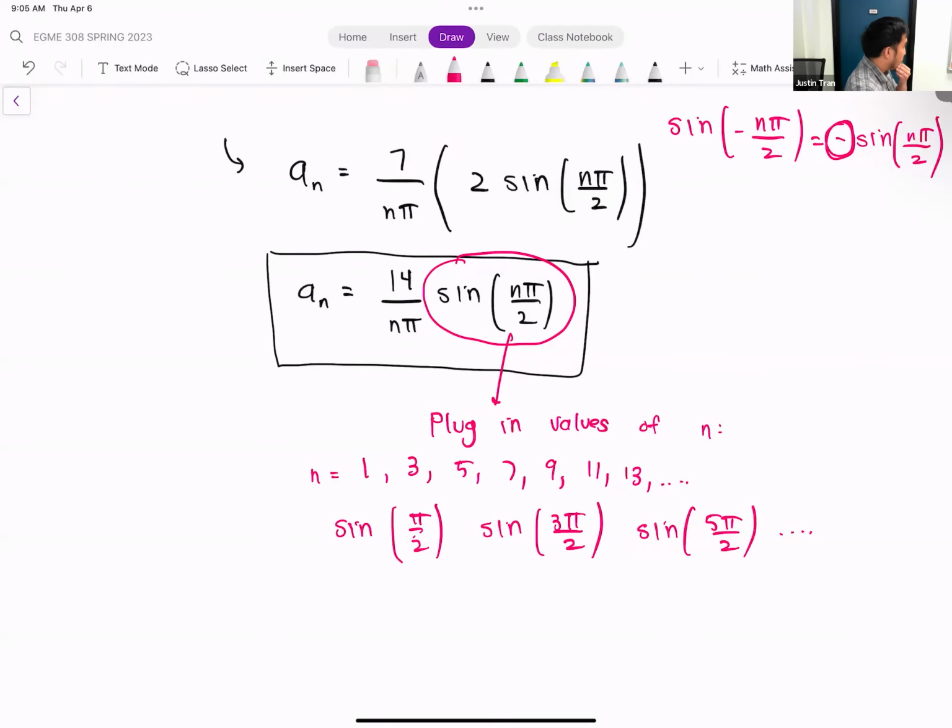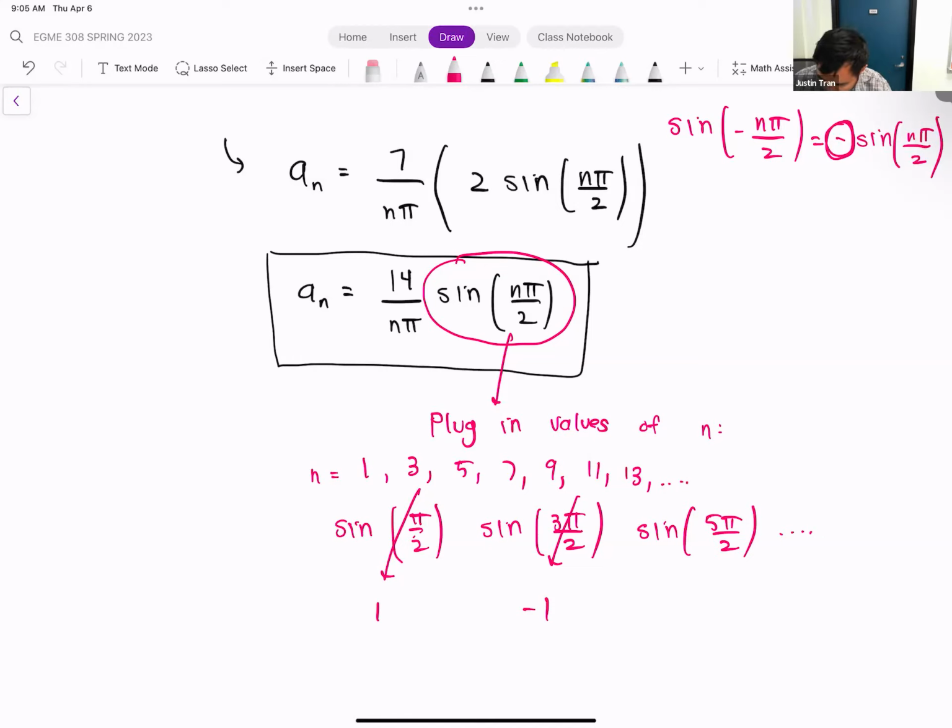What is sine of pi over 2? Sine of pi over 2 is 1, right? Sine of 3 pi over 2 is just minus 1.